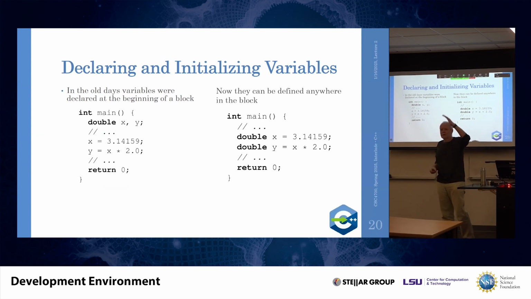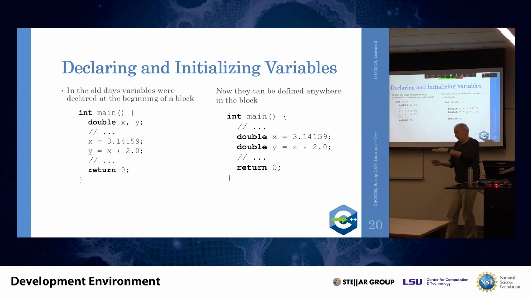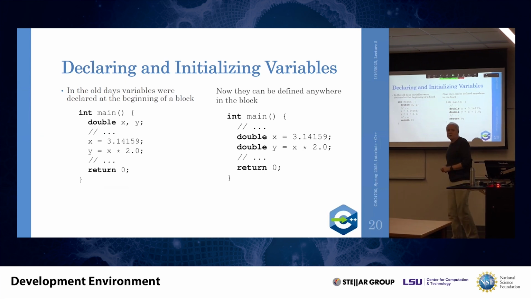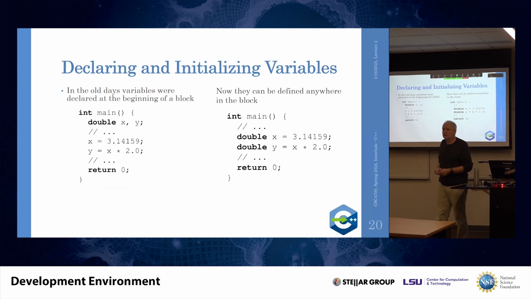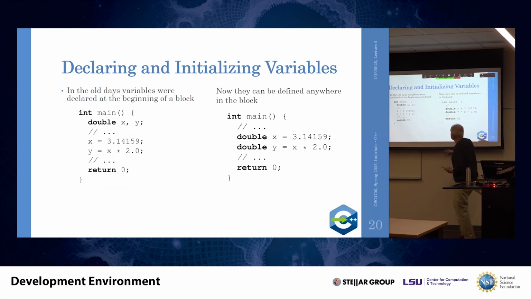So don't define it in the beginning of the function, 500 variables, and then do your function. No, move the variables as close as possible to the block of code where it's needed, and always initialize the variables if possible. So never leave a variable uninitialized at the definition point, like here.